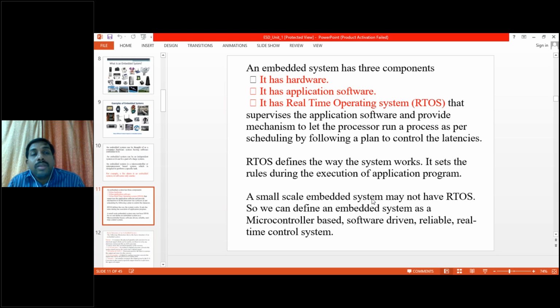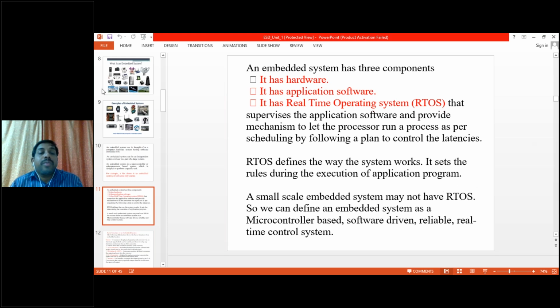So from this background, we can define an embedded system as a microcontroller based, software driven, reliable, real-time control system. An embedded system is also defined as a combination of hardware and software doing a specific task. The other way of defining it is a microcontroller based, software driven, reliable, real-time control system.